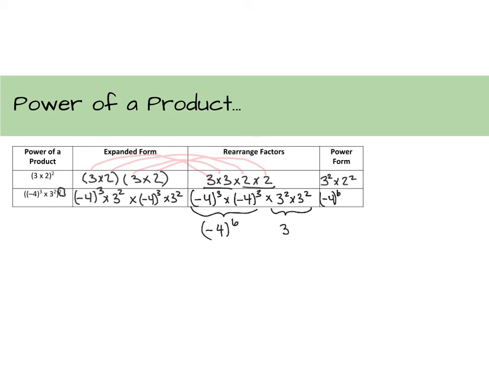And 3, and we have 2 plus 2, which is 4, so 3 to the power of 4, to give us a final answer. The general rule we can take from here is that anytime we have a power of a product, the exponent gets applied to both of the terms we're multiplying.